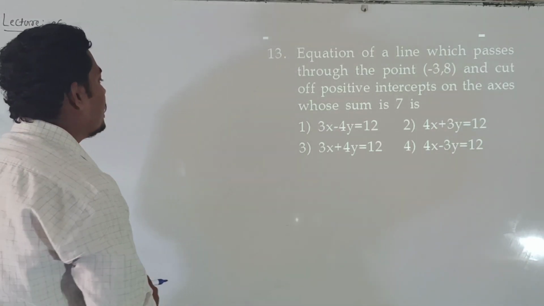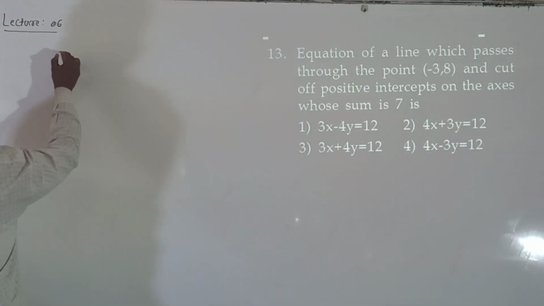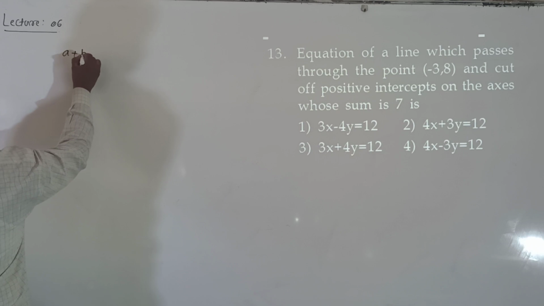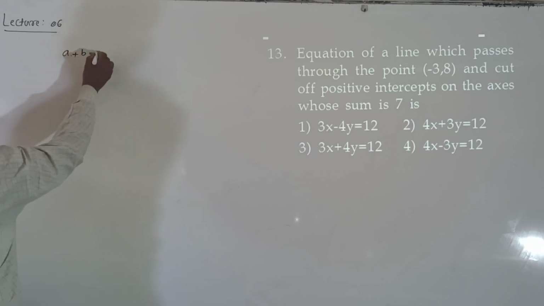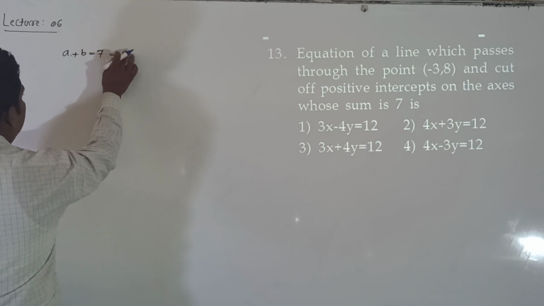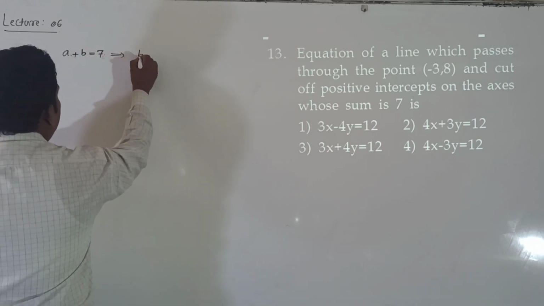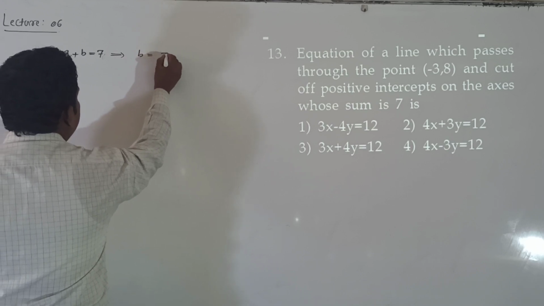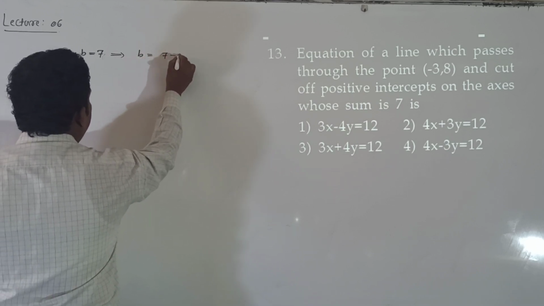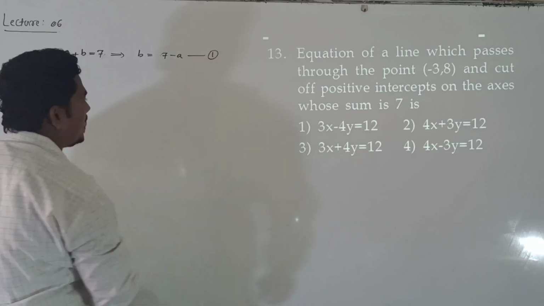What they have given? Sum of the intercepts on the coordinate axis. X intercept plus y intercept is equal to 7, implies b is equal to 7 minus a. Take this as equation number 1.